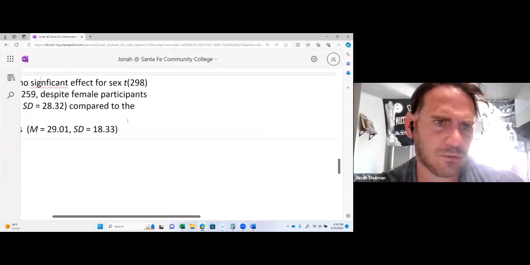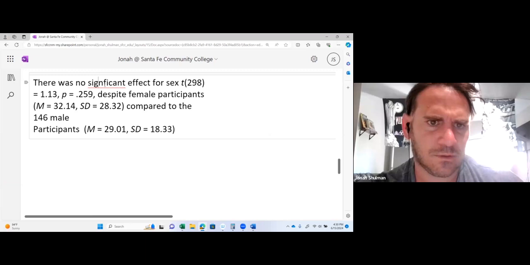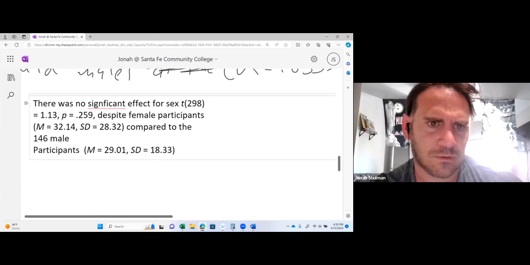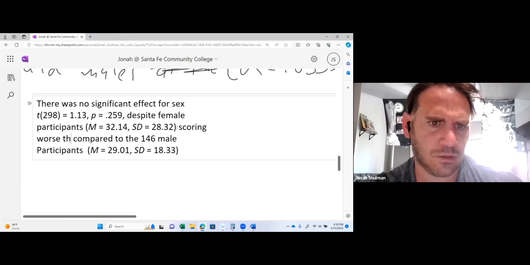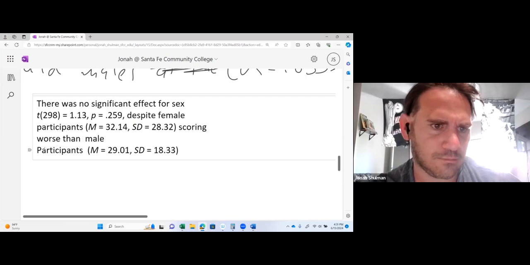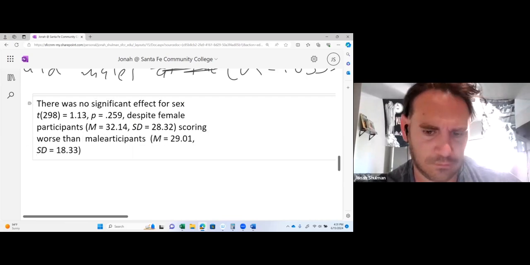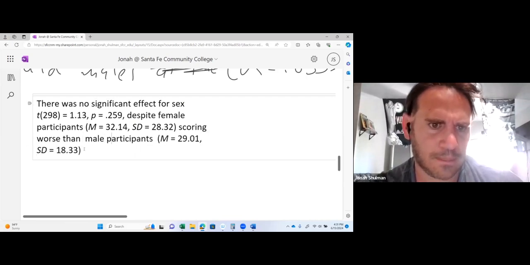Let me just say it this way. There was no significant effect for sex despite female participants scoring worse than male participants on the eye exam.